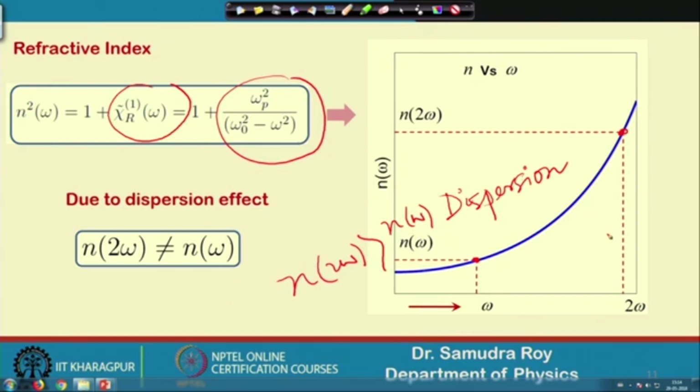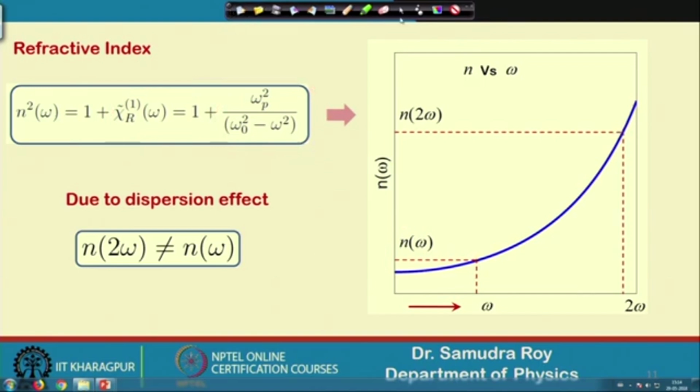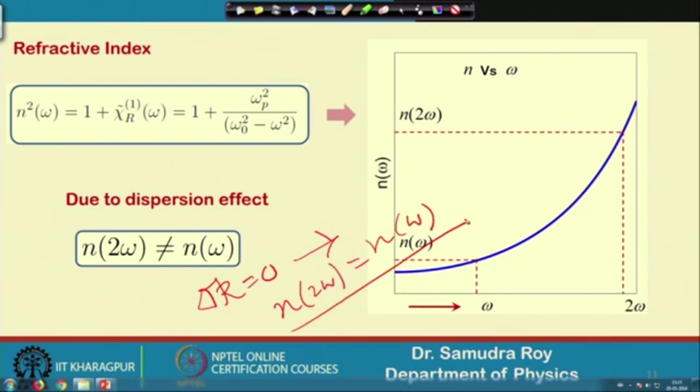If this condition is not valid, the next important issue is what to do in order to get the phase matching, because my phase matching requires that n of omega has to be equal to n of 2 omega. My phase matching condition, delta k equal to 0, suggests that I should have n of 2 omega equal to n of omega. Now, if a material has dispersion, and if this dispersion curve looks like this, which is supposed to be the case, then we will never get the phase matching condition.